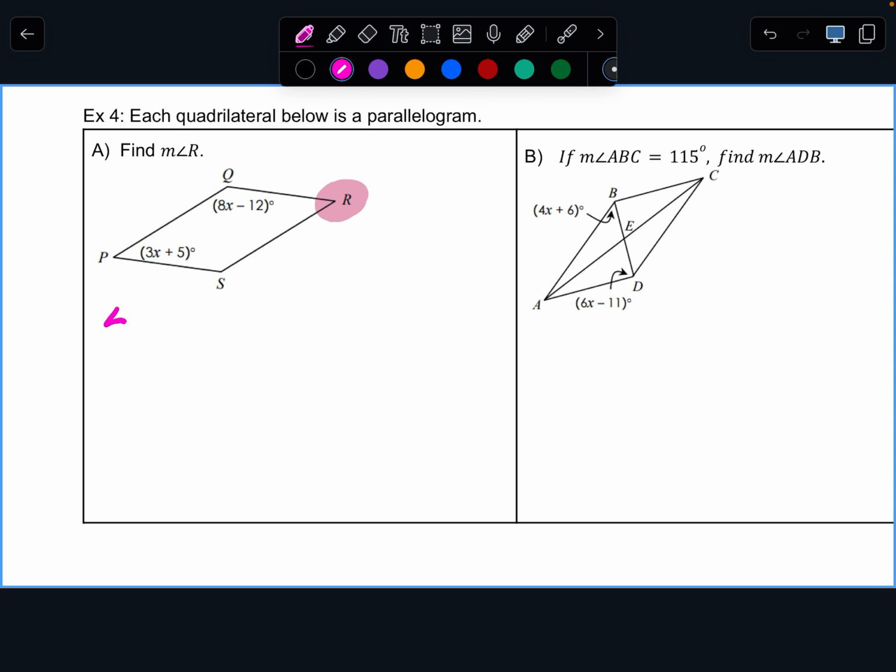So we know that angle P plus angle Q equals 180. So we set up the equation for that: 3x plus 5 plus 8x minus 12 equals 180.